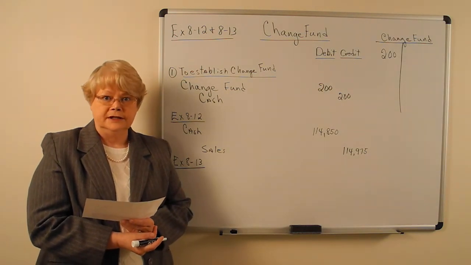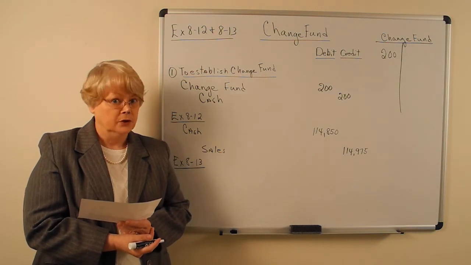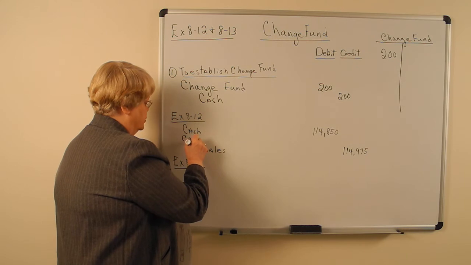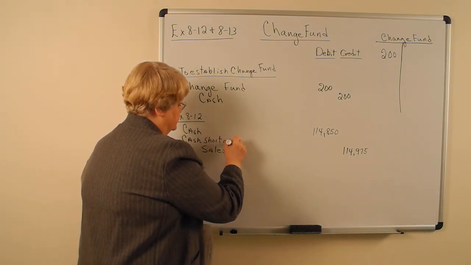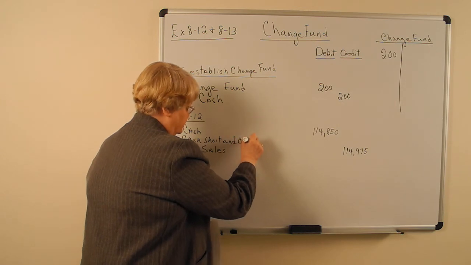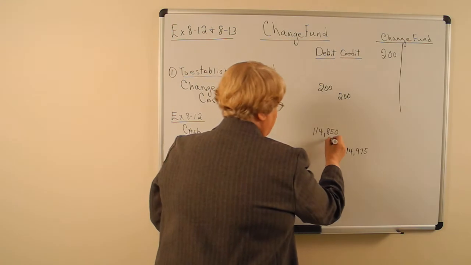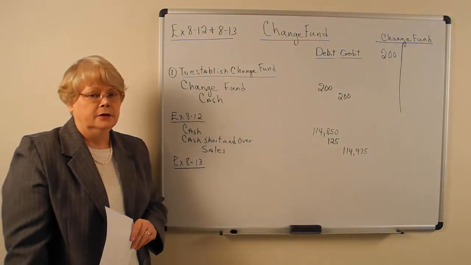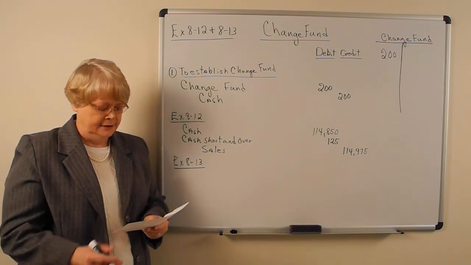So we take the difference, and that difference is going to go to cash shorts and overs. Since it is a shortage, it will be a debit to cash short and over. Okay, and that amount is $125. So now you have debits that equal the credits. You always want to make sure that your journal entry does balance.